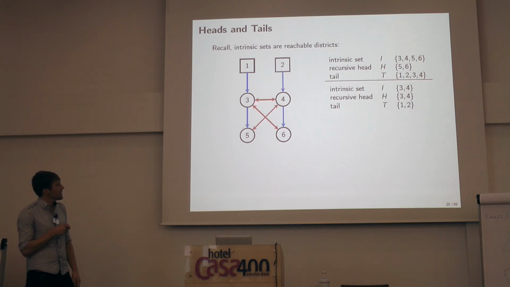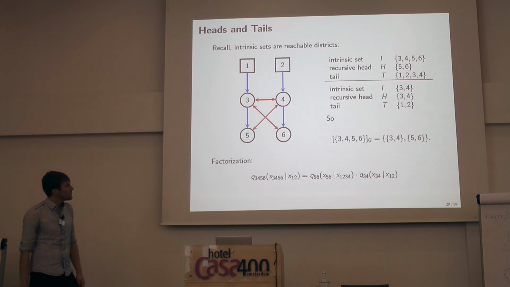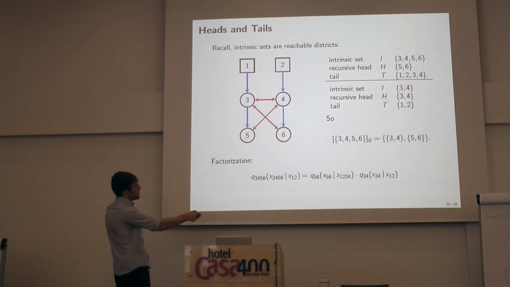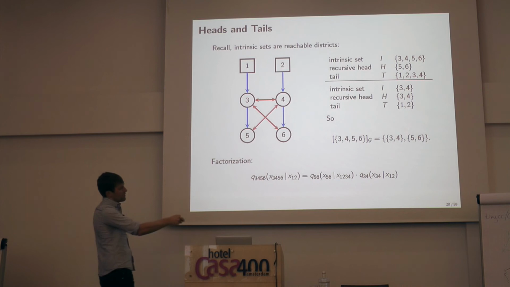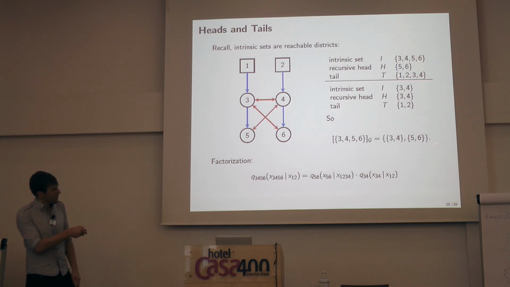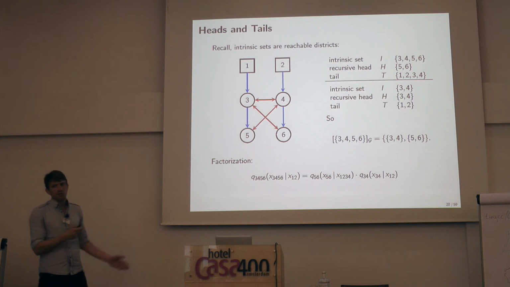And this is the intrinsic set 3, 4. It's its own recursive head, and the tail is just 1 and 2. So my partition for 3, 4, 5, 6, following that recursive algorithm, is just 3, 4, and 5, 6. And my theorem tells me that this distribution should factorize into these 2 pieces, which in this case is totally trivial.